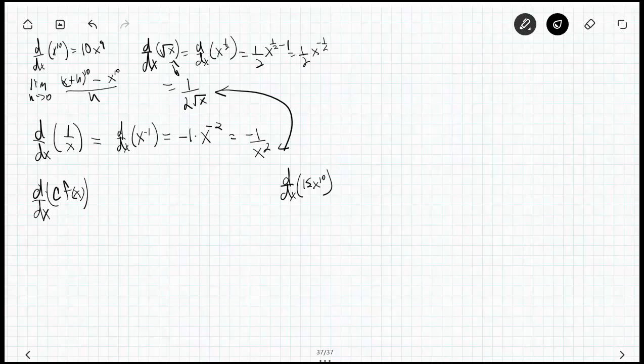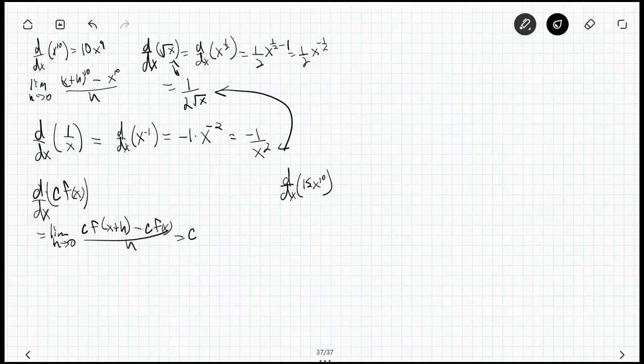Well, how would this work? Let's look. This is equal to the limit as h goes to 0. I have to show you this in the beginning because otherwise I'm just saying, oh, here it is. Now remember, the limit as h goes to 0 of f of x plus h, so this is just going to be c f of x plus h minus c f of x all over h. Well, remember, c is a constant, so I can factor it out. Not only can I factor it out of the numerator, but I can factor it out of the limit, because the limit of a constant times the function is the constant times the limit of the function.